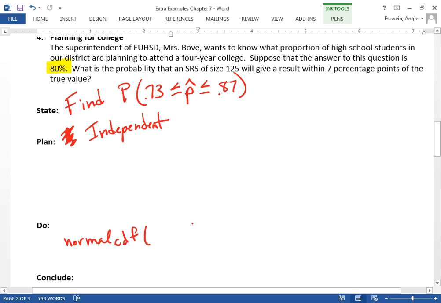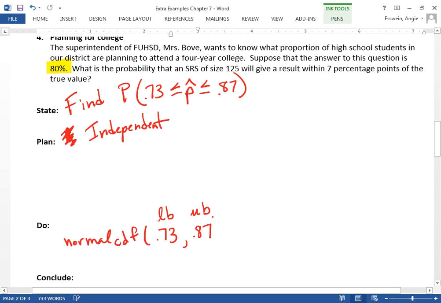What's our lower bound? 0.73, that's our lower bound. We want to find the area under the curve, assuming it's normal, but we have to go back and check, between 0.73 and 0.87. That's our upper bound.